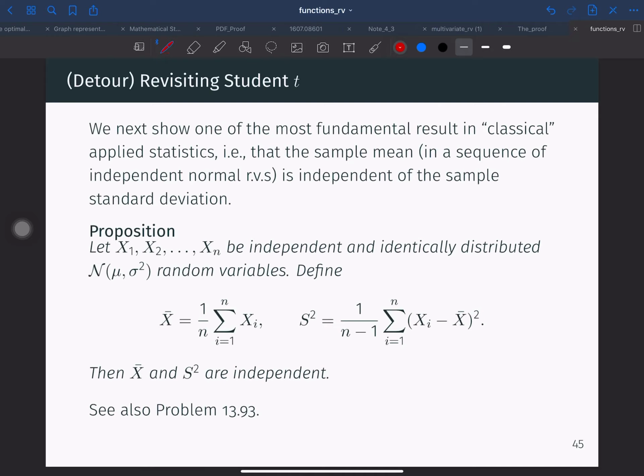Okay, so let us go back to revisit student T. You will see this technique a few times in, say, chapter 7 of your textbook, which will be the topic of ST422. But the problem is that your textbook never really proves this result.